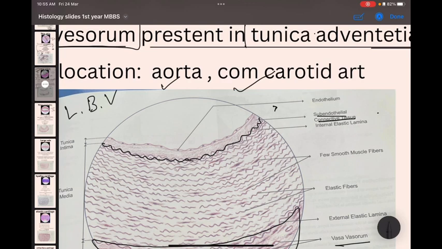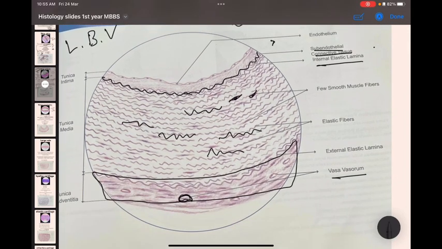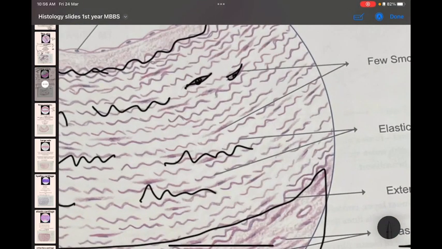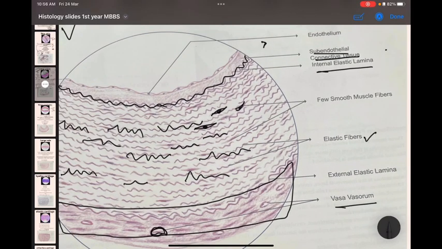This is called the internal elastic lamina, and then we have more elastic fibers like this, and then few smooth muscles. So most of your large artery is made up of more elastic fibers. Comparatively there are more elastic fibers compared to smooth muscle fibers.